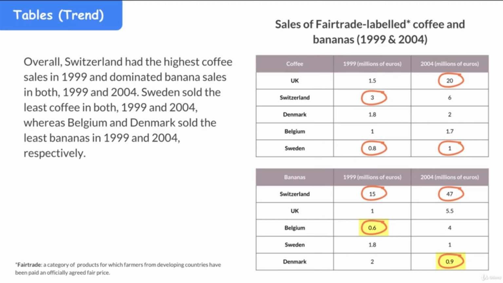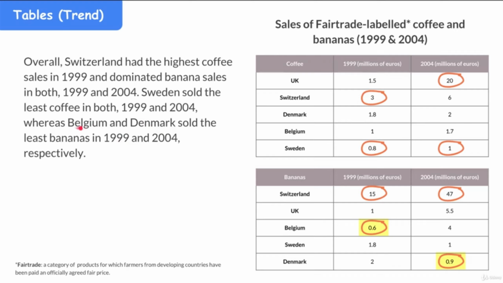So what I'm saying here in this second part of the sentence is that Belgium sold the least bananas in 1999 and Denmark sold the least bananas in 2004. Notice that whenever we use the word respectively, it means that the information that comes before in the sentence and the information that comes later in the sentence directly corresponds to each other.